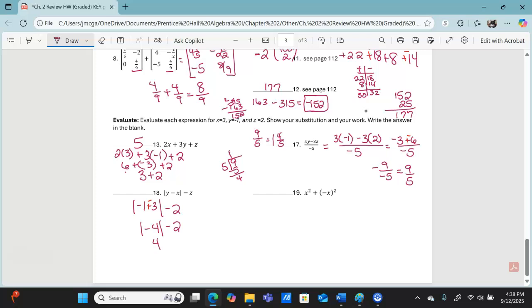It will come out as 4. 4 minus 2 is 2. x squared plus -x squared. So we end up with 3 squared, which is 9. I'm going to go ahead and show you that. 3 squared is 3 times 3. This is -3 times -3. So we end up with 9 plus 9, or 18.